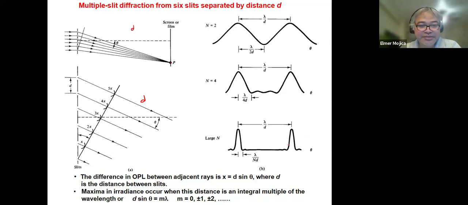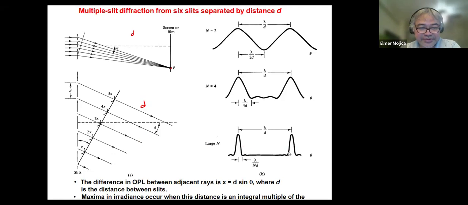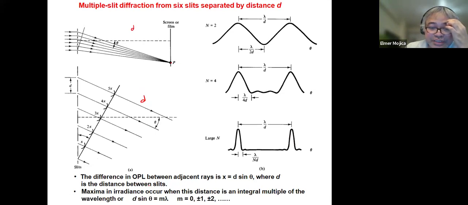The difference in OPL between adjacent rays is d sine theta, where d is the distance between the slits. So you can have maxima in the irradiance when this distance is an integral multiple of the wavelength, like n equals 2, n equals 4, and then you will see the difference that you have here. So that is what we call multiple slit.